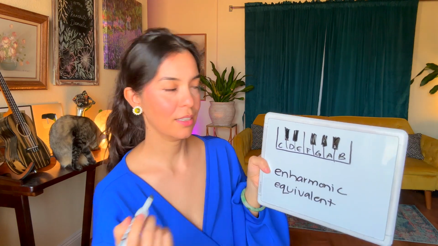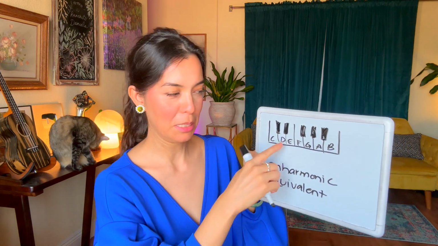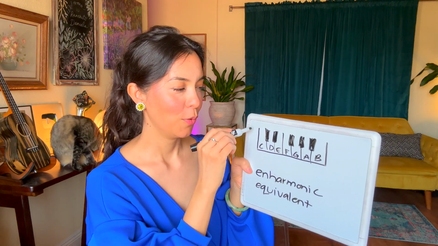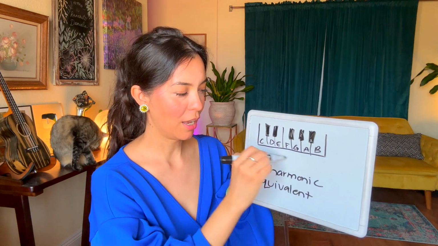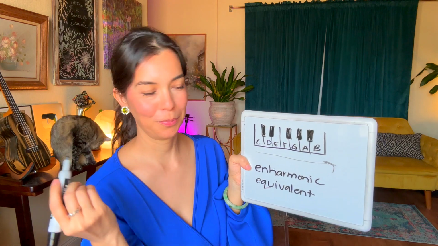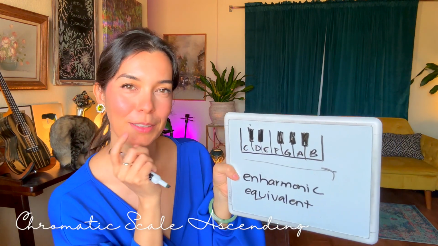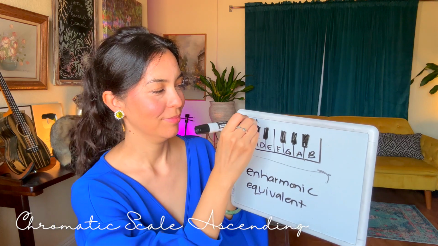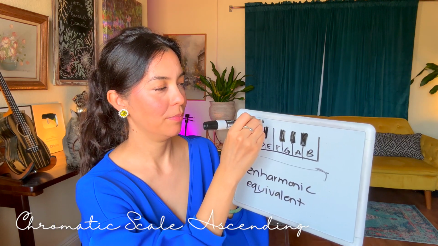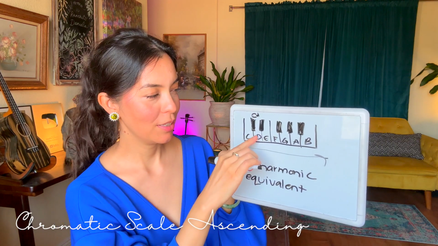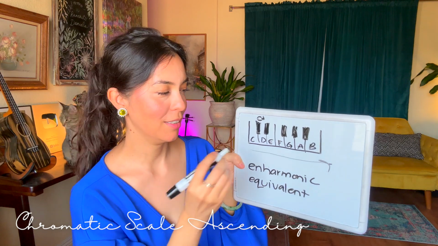See, our white keys typically go by one name, right? C, D, E, F, G, A, B. But our black keys, what if I'm going up the keyboard? What is the name of this first black key next to C? C sharp. What about this next black key next to D?